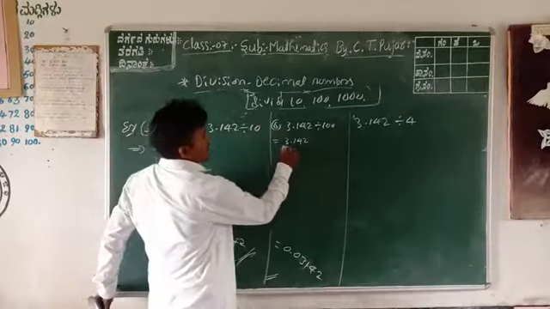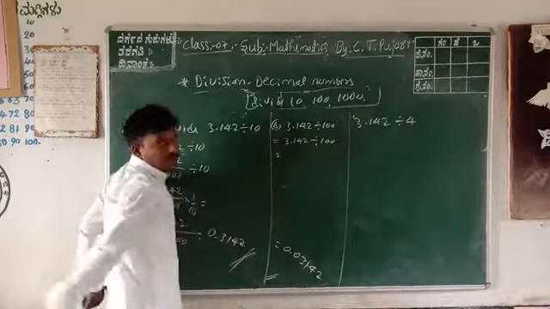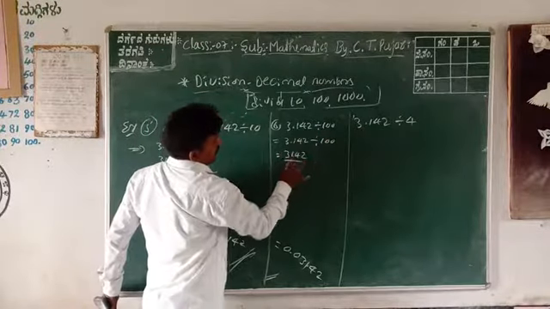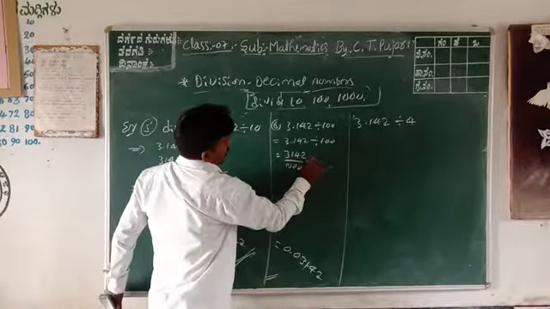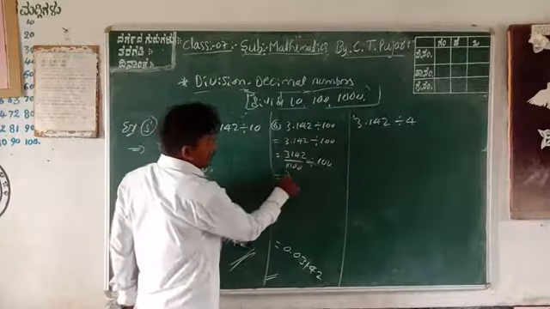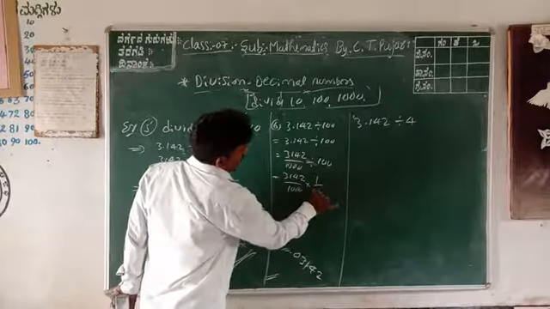Therefore, divided by 100. Converting this decimal number to a fraction: 3142 divided by 1000, divided by 100. Next, division of fractions: 3142 divided by 1000 into the reciprocal of 100.